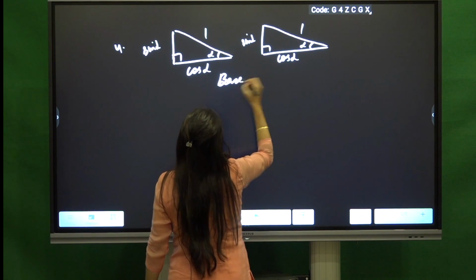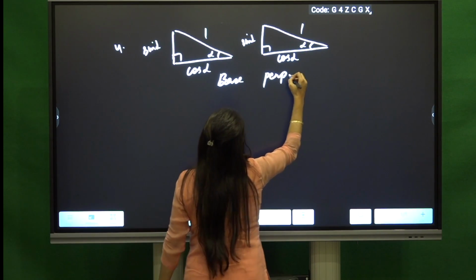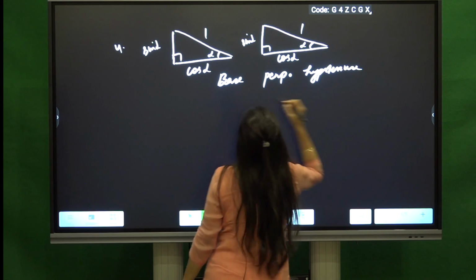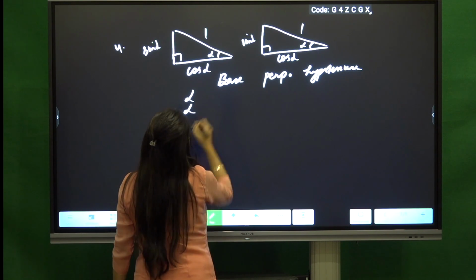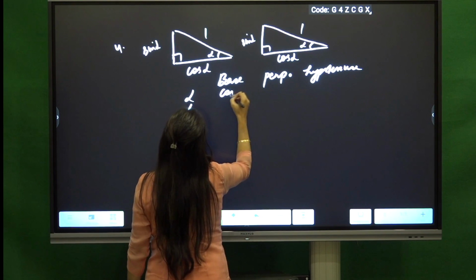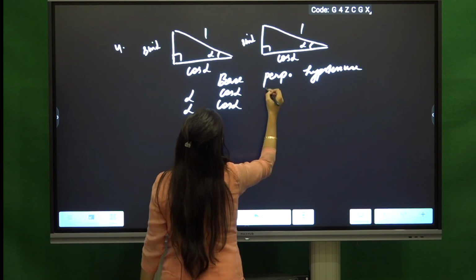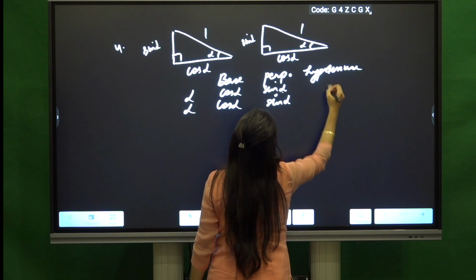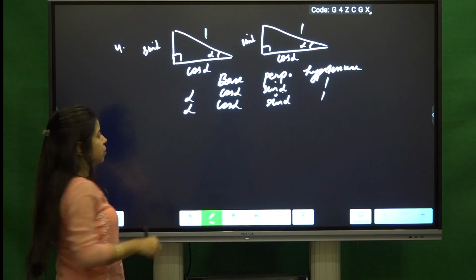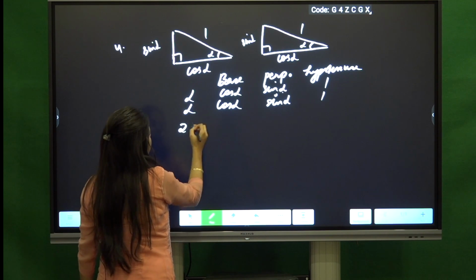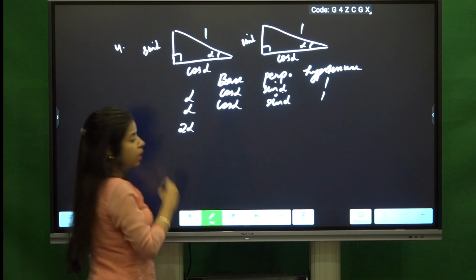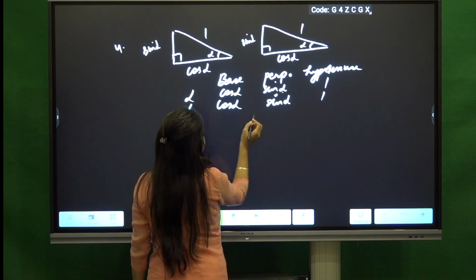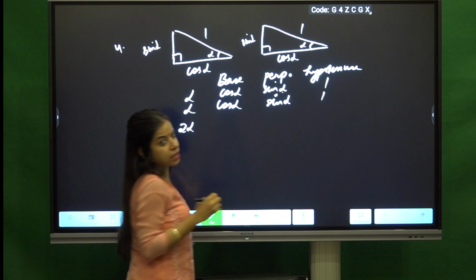So given information is we have the angles alpha, alpha, and the bases are cos alpha, cos alpha. Perpendicular is sin alpha, sin alpha. Hypotenuse is 1, 1 each. Okay. So now alpha plus alpha, 2 alpha. So with the help of the formula, this will become cos alpha into cos alpha, plus, in this case it is minus.